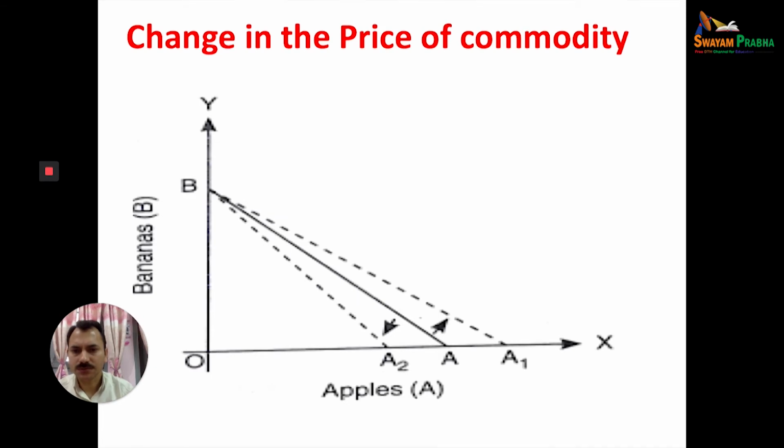Here, for example, one item is banana and the second is apple, and AB is the budget line.